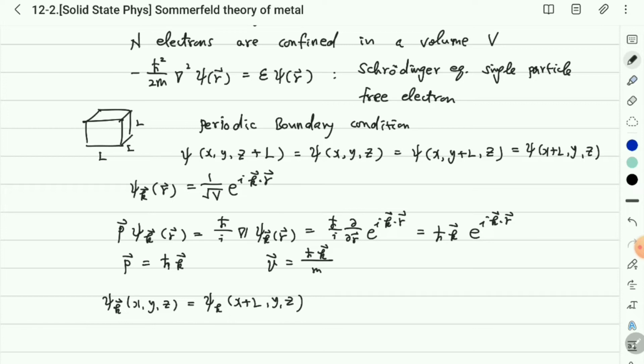It means that exponential i k_x x, and anyway I do not consider the y and z components, equals exponential i k_x (x+L).